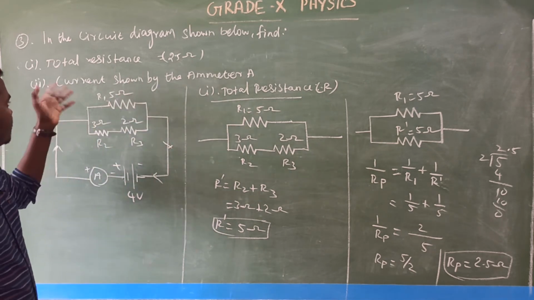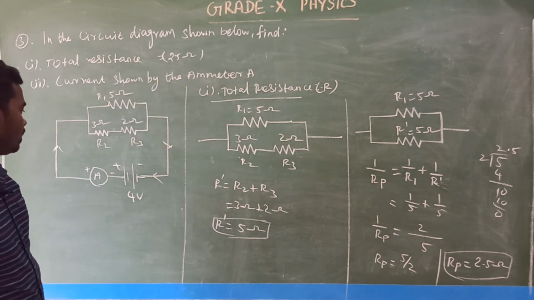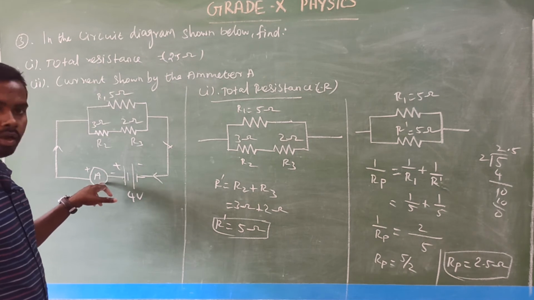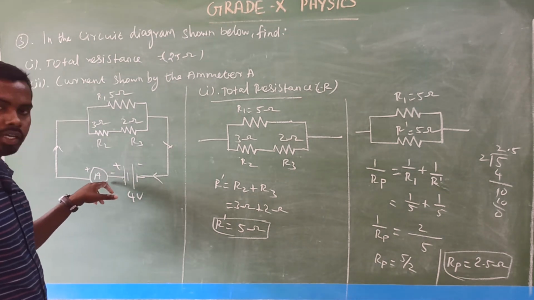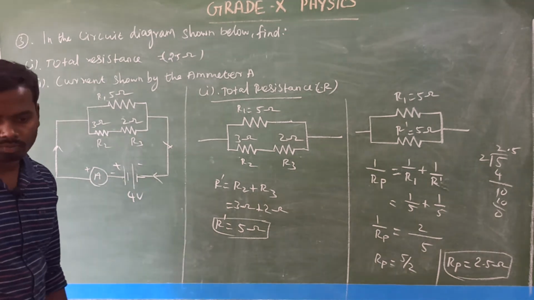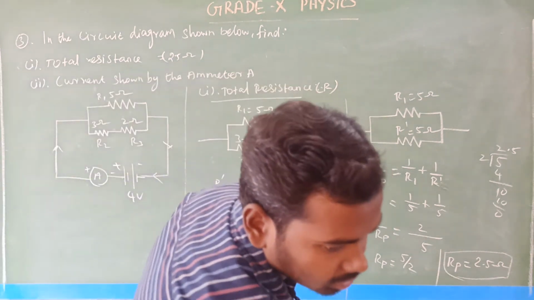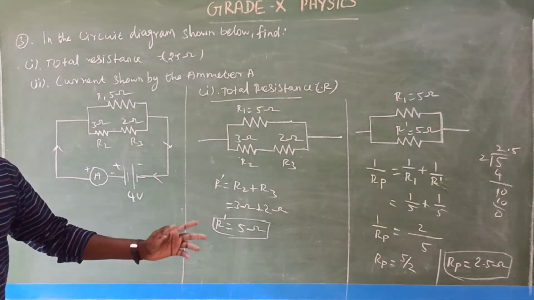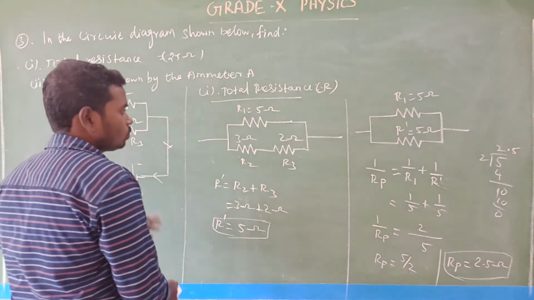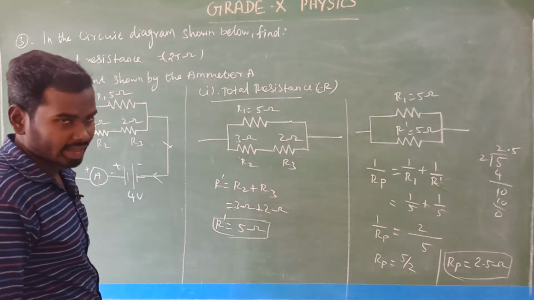First one completed. Second one: the current shown by the ammeter. How much current will be measured by this ammeter? That is the question, sir. Listen here. You draw all these diagrams.